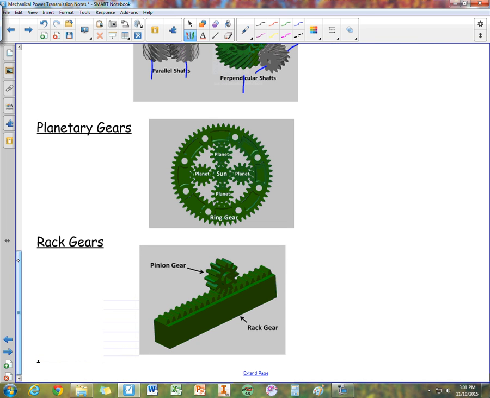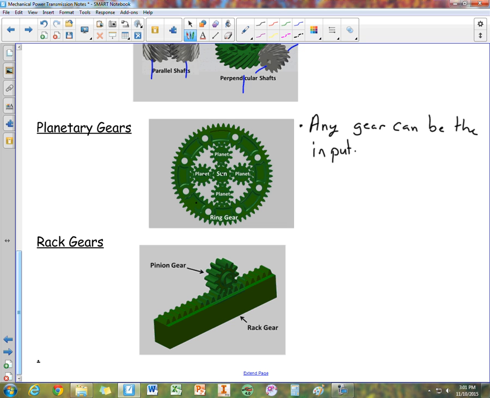The next type, these ones are kind of fun. These are called planetary gears. And what's nice about these is that any gear in here can be used as an input. What I mean by that is you can attach a motor to any gear. You can attach it to the sun gear, you can attach it to any one of the planetary gears, or the ring gear.